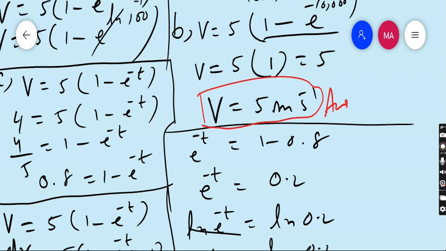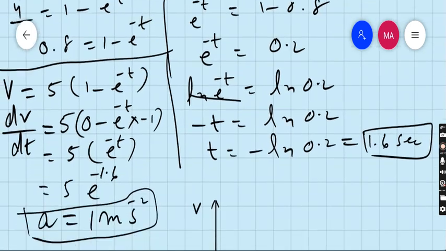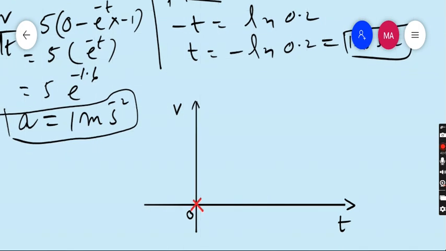So it means when we increase time again and again, the velocity of the particle is maximum at v equals 5.